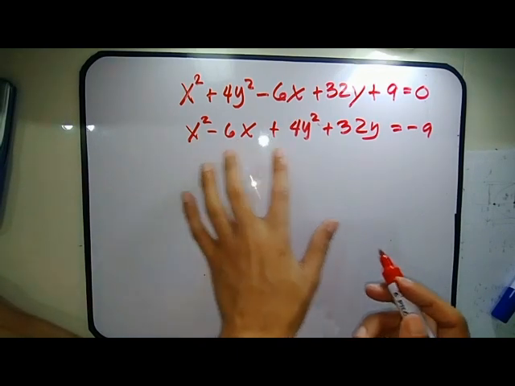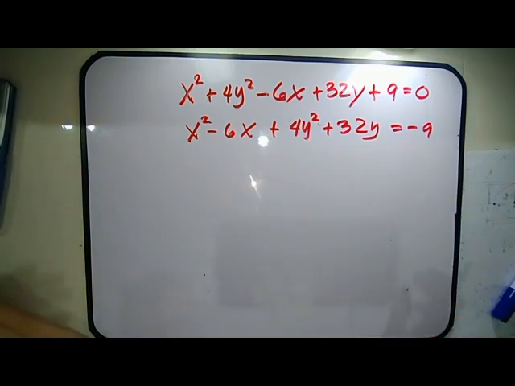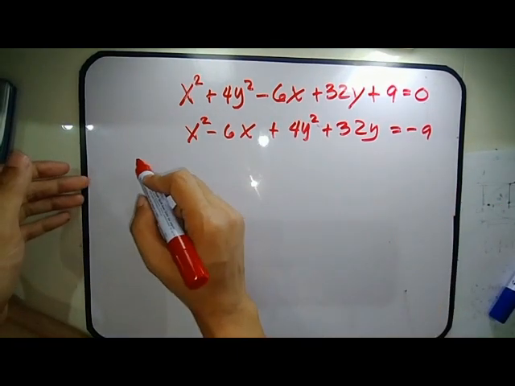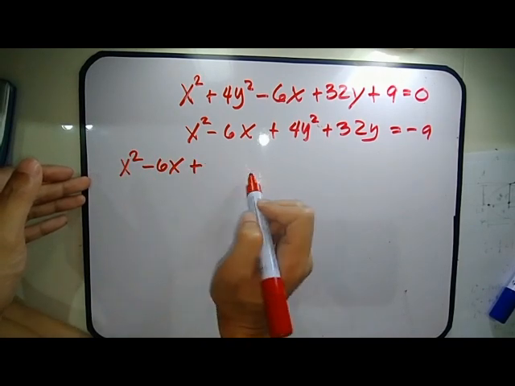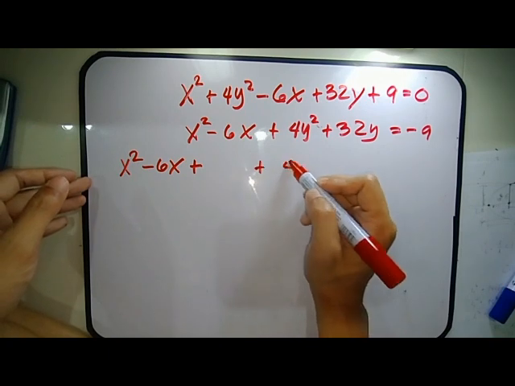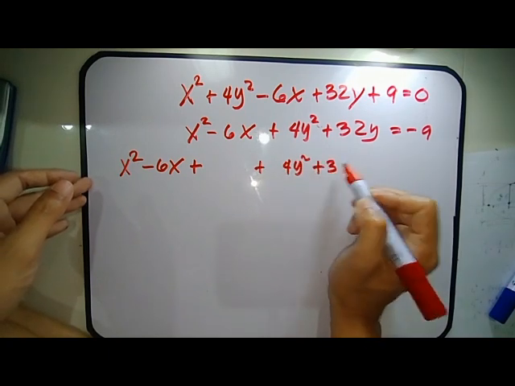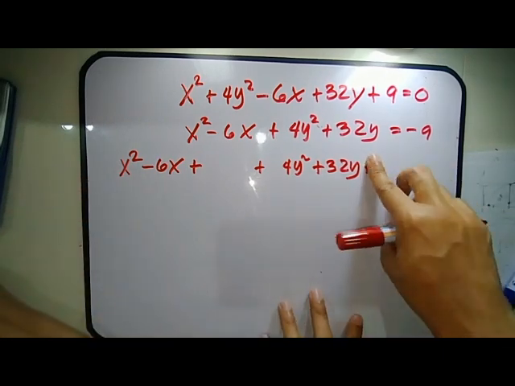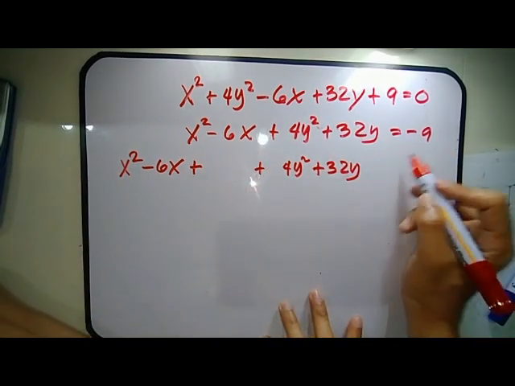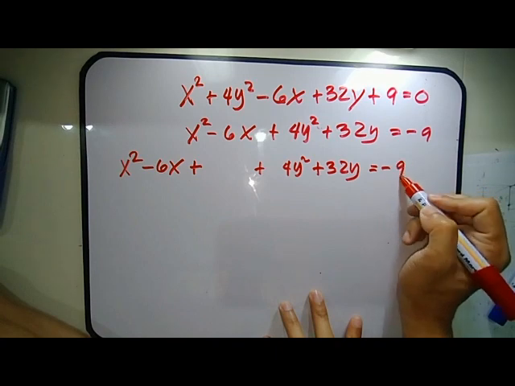Now here, let's complete the square, and the y we will also complete. We have x squared minus 6x, and we will add something somewhere here, plus 4y squared plus 32y. We will add something here too, but not yet, later. The x only first. Equals negative 9.